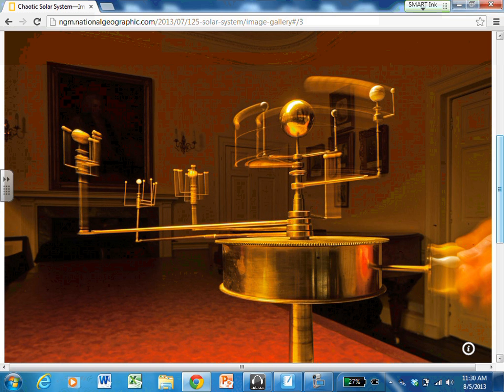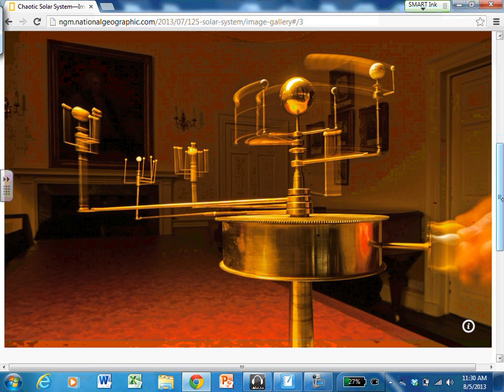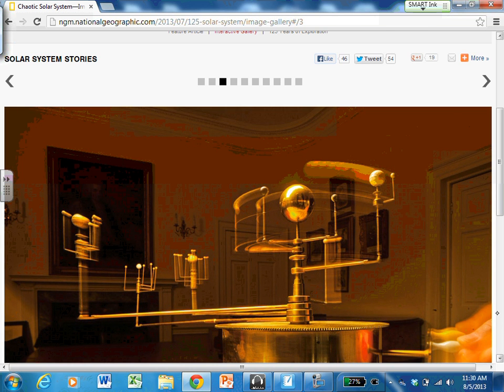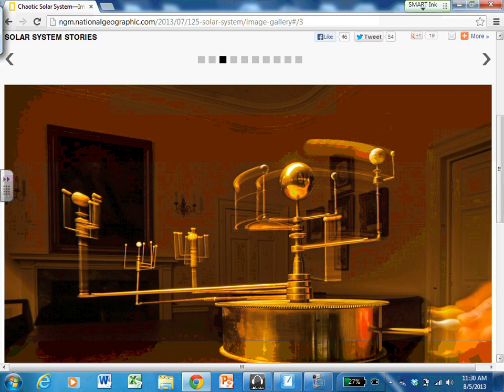But the process of formation of the solar system has changed over time, and the way that our understanding of it is gained over time. So our model of the solar system is not today what it was back when these were being constructed, in the 1600s or even later.